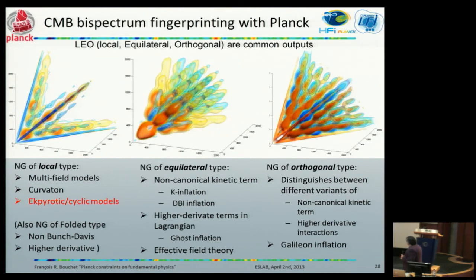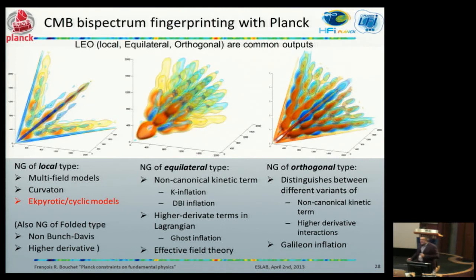For instance, if you see something that has an equilateral shape like this one, then this is a kind of thing that can be described and is expected to be found in these extensions of inflationary theory. Orthogonal types, which are different patterns, come from, or will be the signature of, a different category.